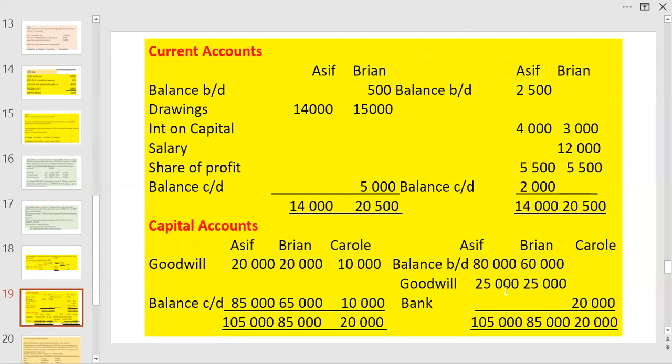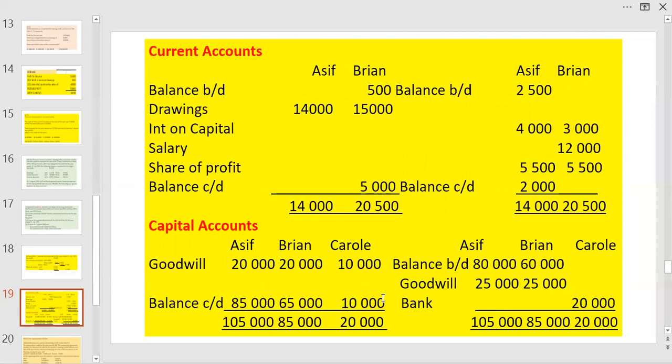Since goodwill is not supposed to appear, it is written off again among the current partners at the ratio of 2:2:1. Please note the capital introduced by C, 20, after the adjustments of goodwill, remains only as 10.